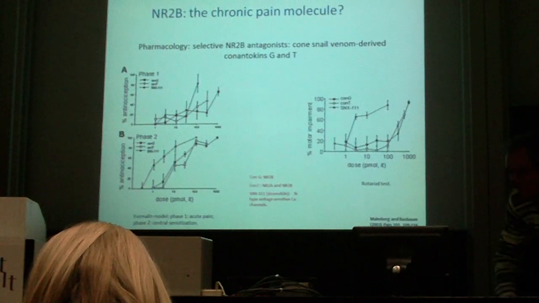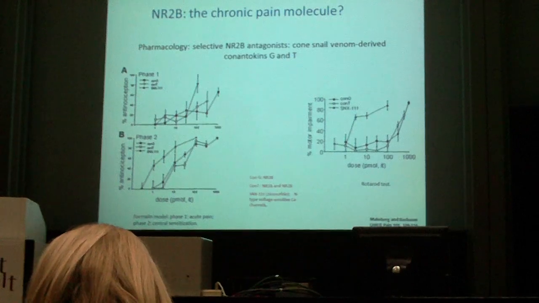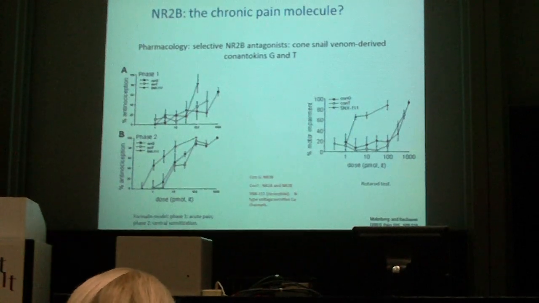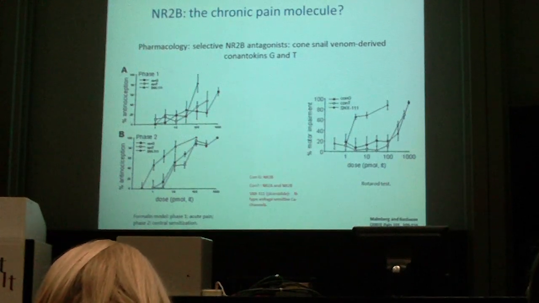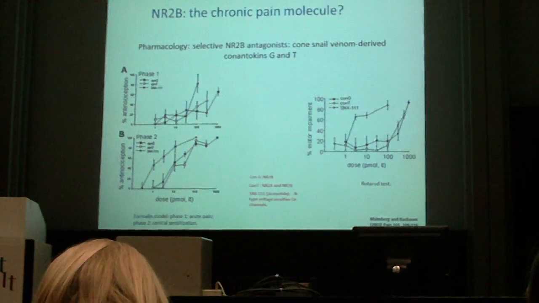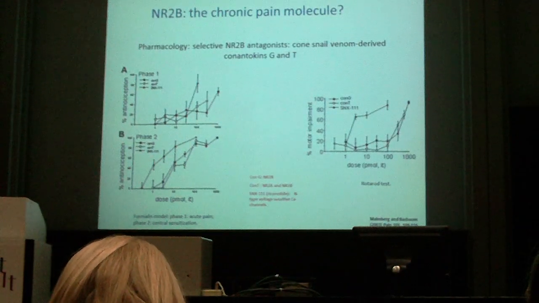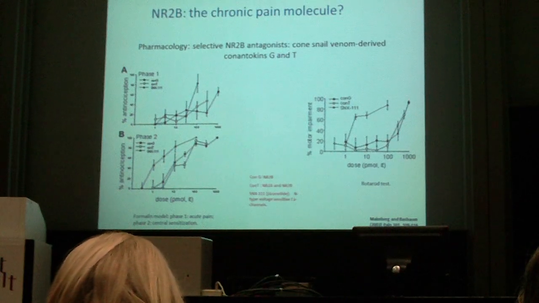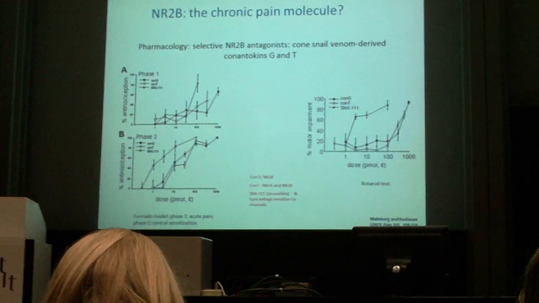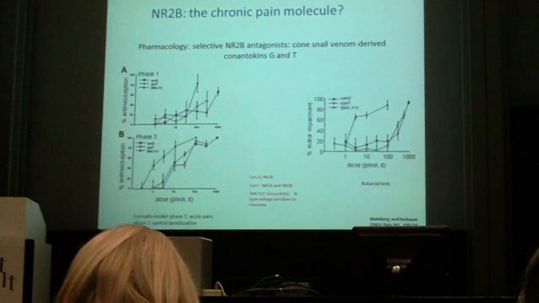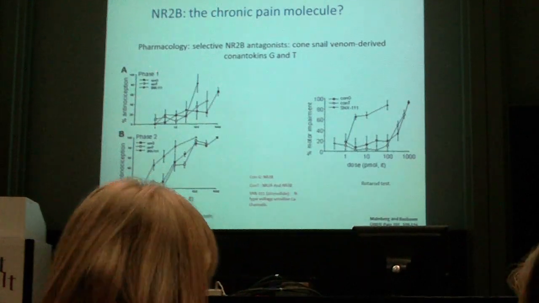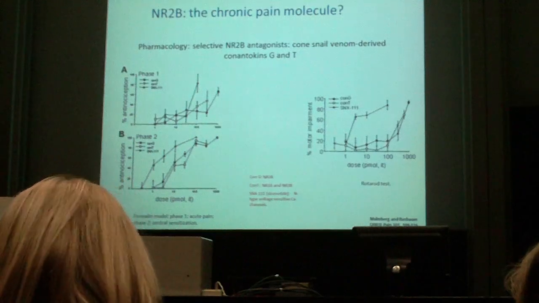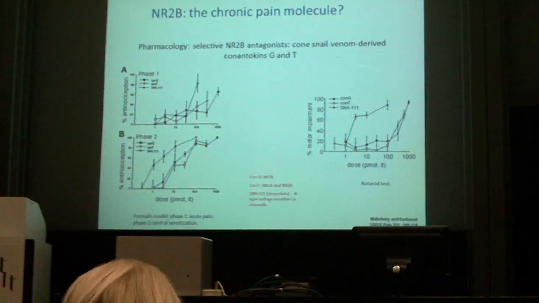For instance, here's another model. With a peripheral nerve lesion, you get a huge amount of action potentials of these C fibers and A beta fibers, and the rats show retraction. They become more sensitive. This is the percentage of antinociception. Don't bother about phase 1 or phase 2.